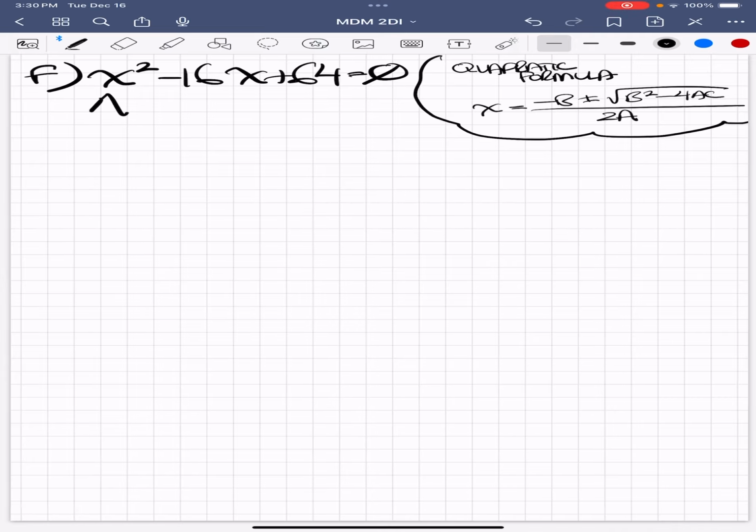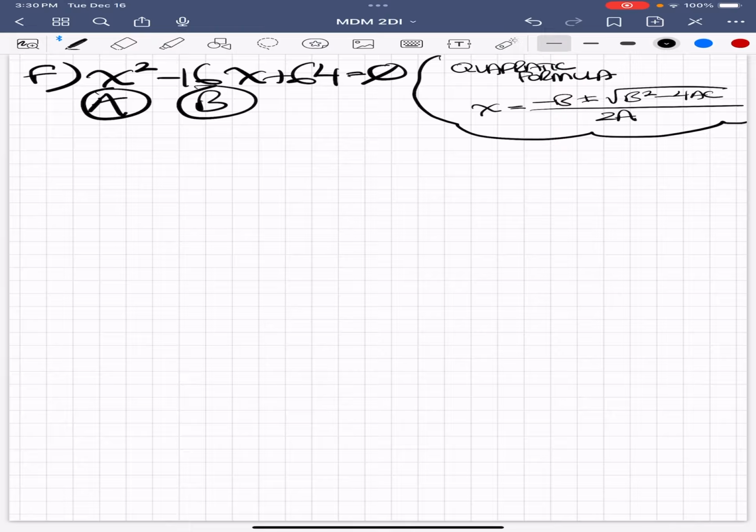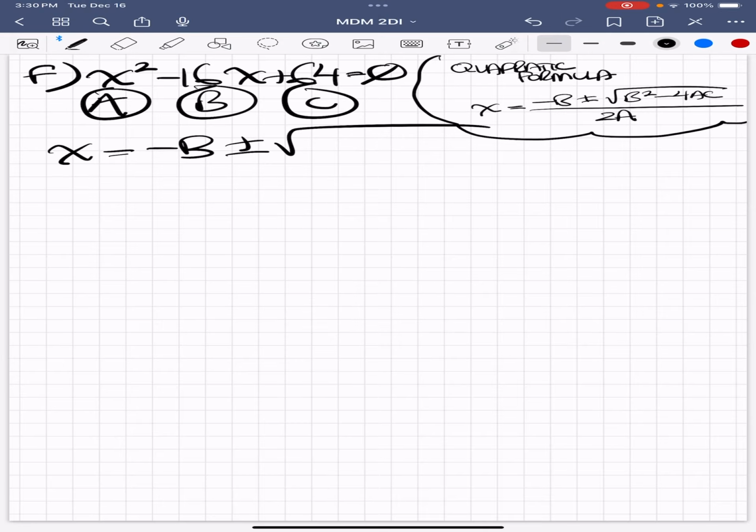Okay, so we have our values of a, b, and c. So we have our formula, which is -b plus or minus the square root of b squared minus 4ac all over 2a.